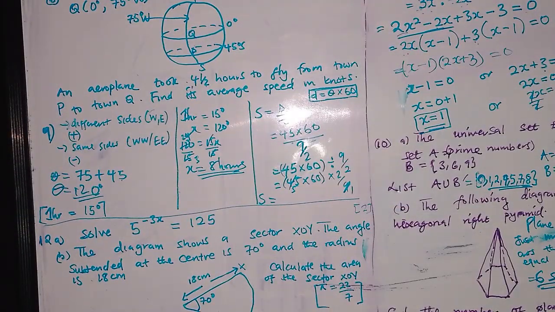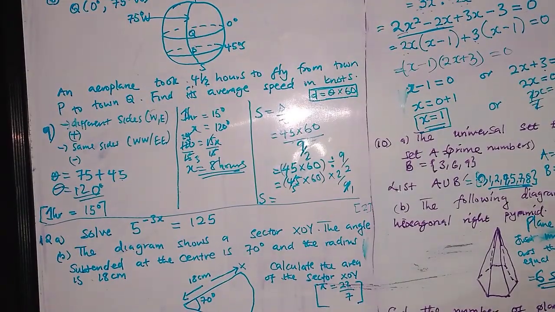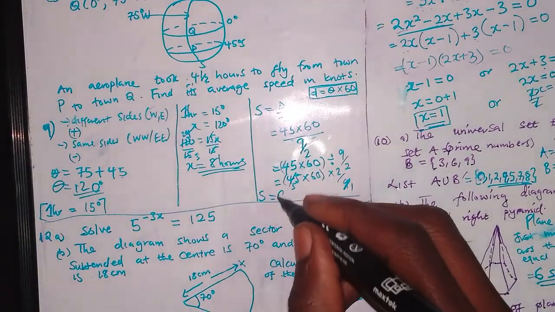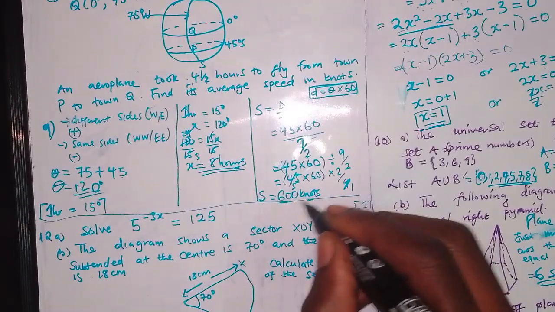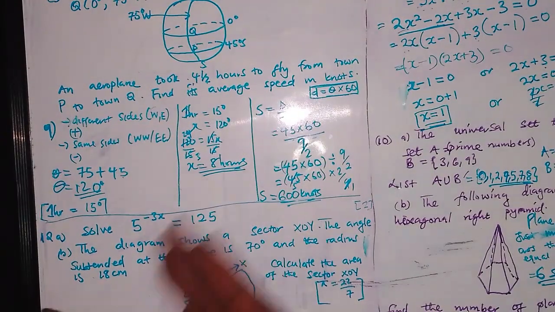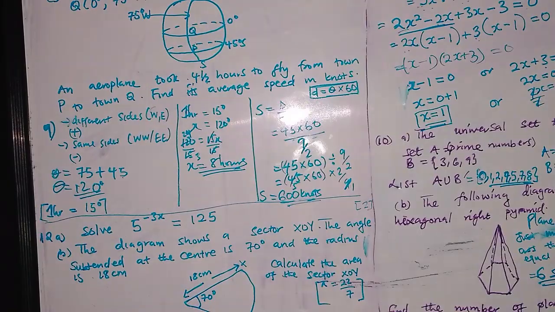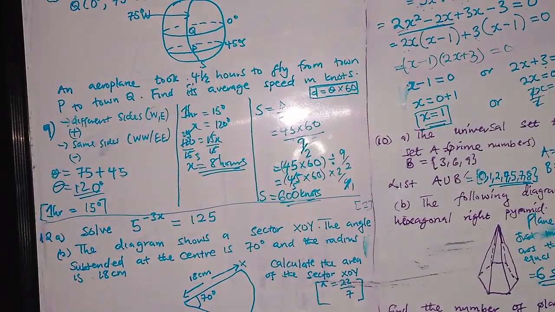Then you say 5 times 2, it's 10. 10 times 60, we have 600 knots. So that is how simple this question is. If you had multiplied, now imagine if you multiplied 45 times 60, which gave us 2700. Then you start again dividing, which will take your time.